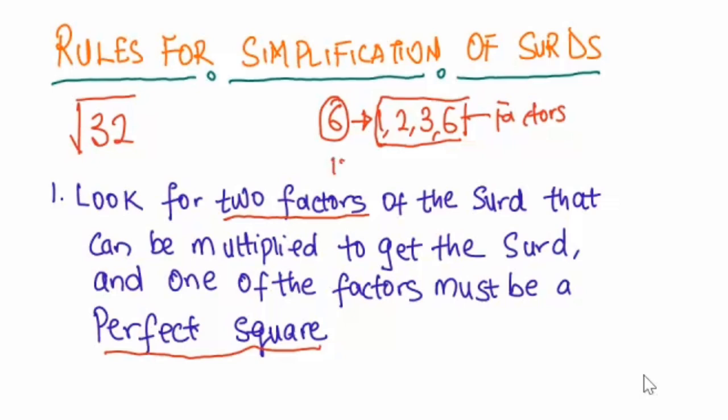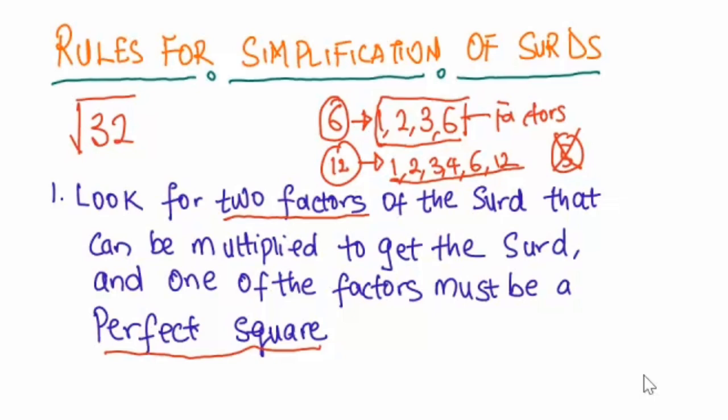Or if I have 12, for example, the factors of 12 will be 1, 2, 3, 4, 6, and 12. So all these numbers that I listed, 1, 2, 3, 4, 6, and 12, are factors. 5, for example, is not a factor of 12 because if you divide, you won't get a whole number. So numbers that can divide another number to give you a whole number are what we call factors.